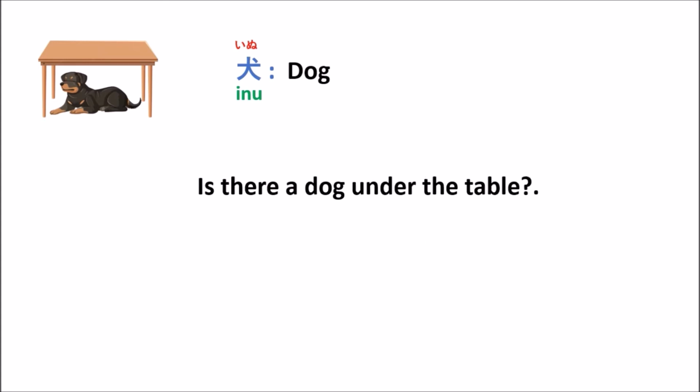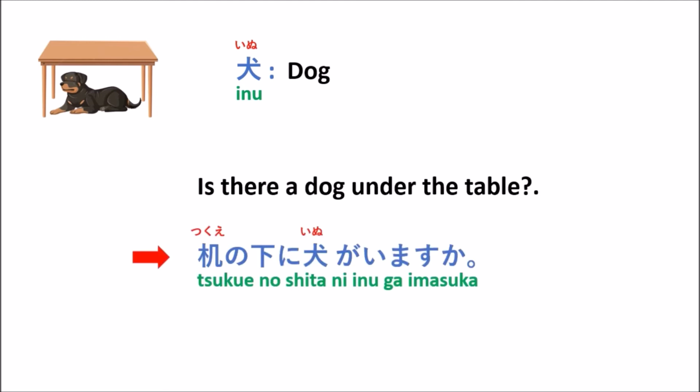And if you want to make the question, is there a dog under the table? How do you say it? You can say 机の下に犬がいますか?